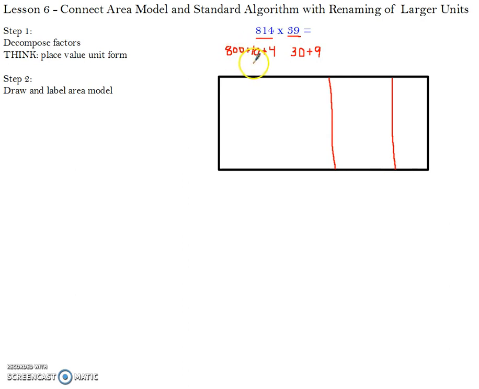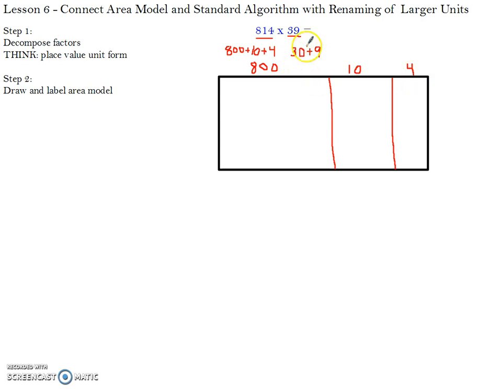Since the 800 is the biggest, I'm going to make it a bigger box and label that up top. Since 10 is a more medium number, I'm going to give it the medium box here in the middle. And then 4 is in my ones, which is the smallest, so I'll give that the small box.